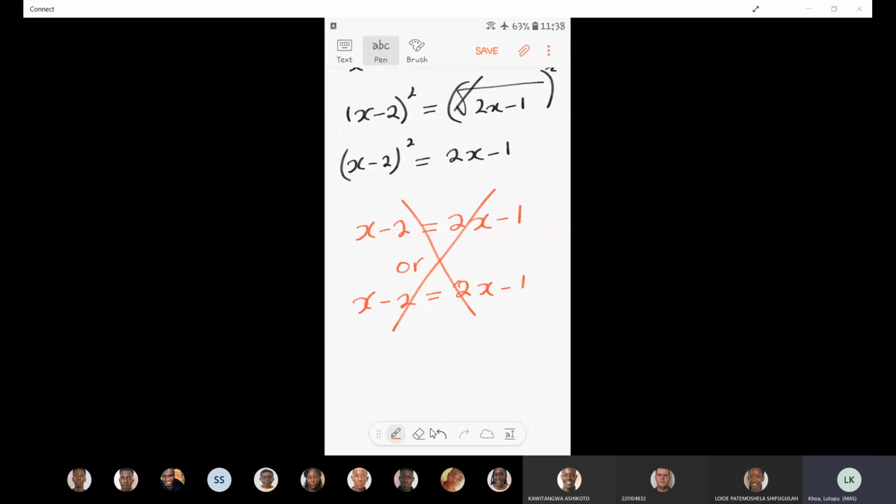Okay, so we only do that when what you have on the other side is equal to 0. So remember that it is very important. If two terms are multiplying, here it's x minus 2 multiplying by itself, so it's two terms, you do not say one of them must be equal to 2x minus 1. That is not true. That is true only for 0.